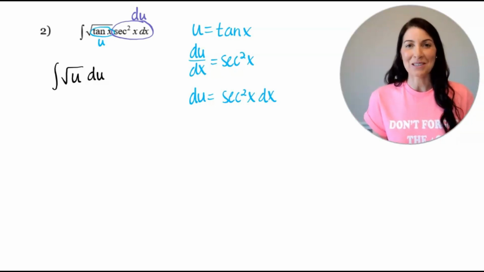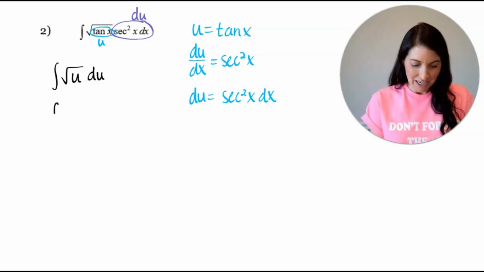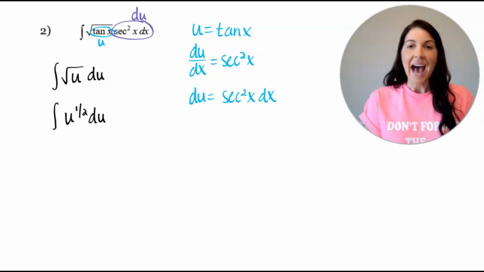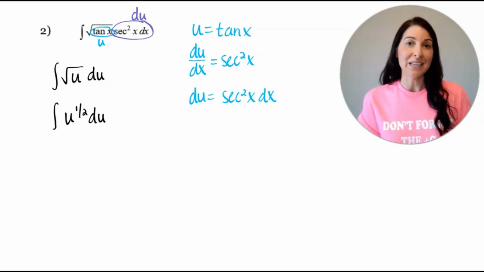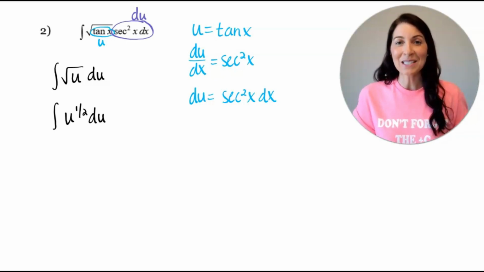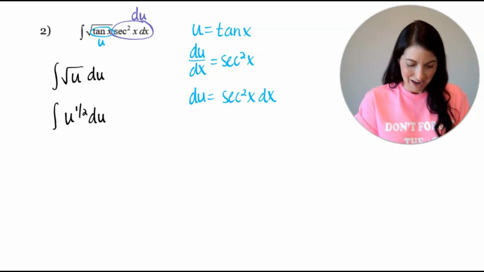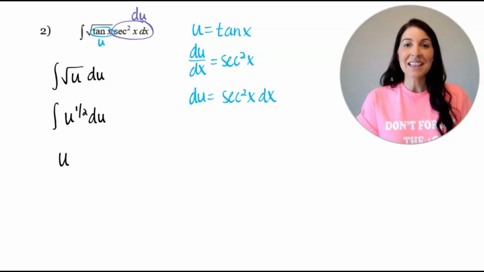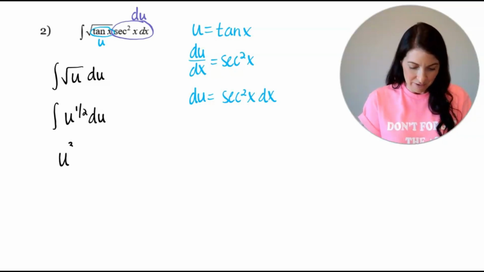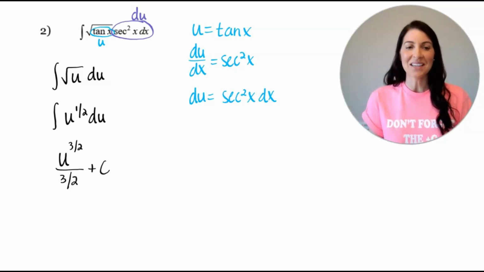And it's time to integrate. With a little rewriting strategy, rewriting this as u to the 1/2 du, I can use the power rule for integrals. I'm going to add 1 to the exponent and divide by that new exponent. So adding 1 to the exponent, 1/2 plus 1 gives me u to the 3/2, and then I'm going to divide by the 3/2, and then of course your plus c.